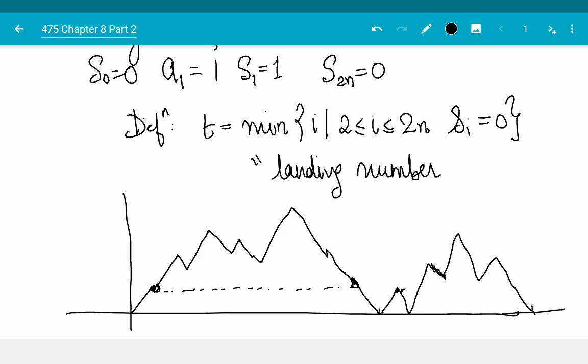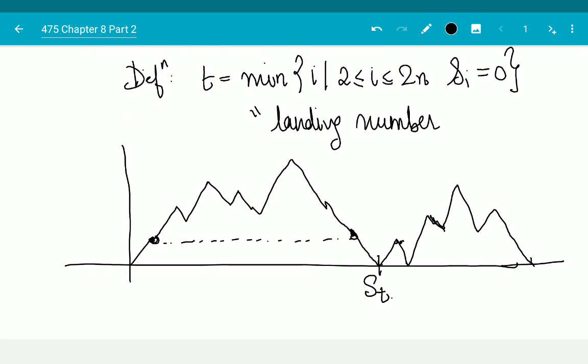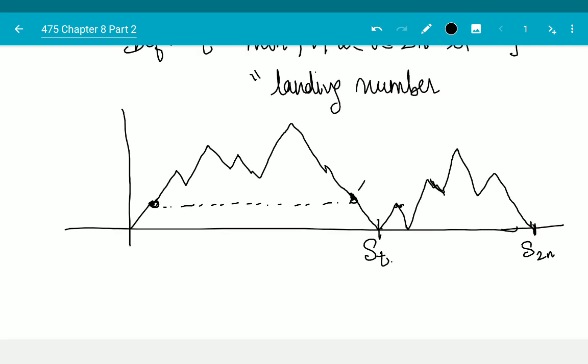So this is going to be my landing number St. And then this is going to be S2n, however long it is going to be. And so I see that St minus 1 is also equal to 1. So S1 is equal to 1, St minus 1 is equal to 1. Okay. And t has to be even.